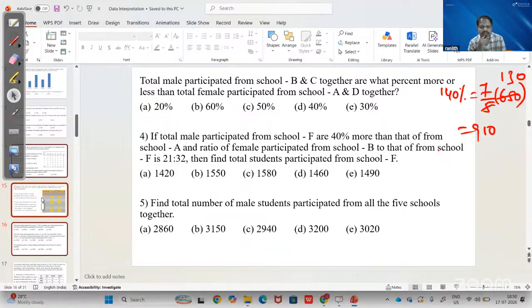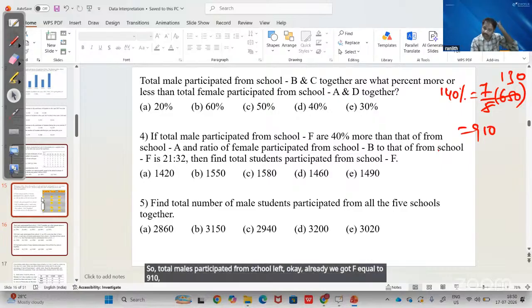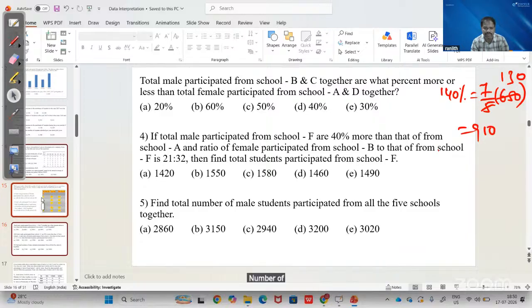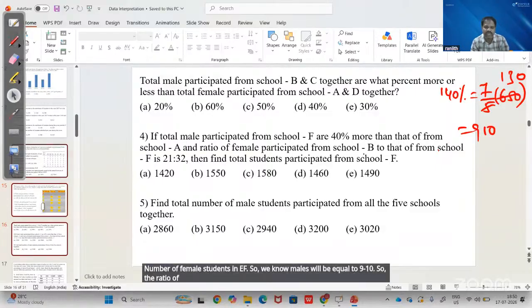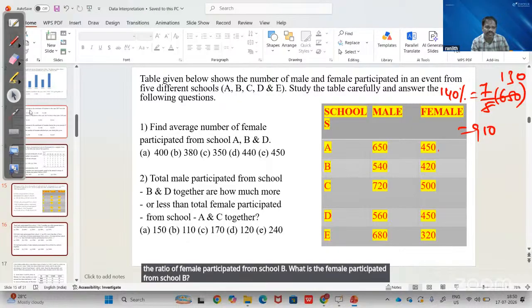Total males from school F, we already got 910, right? Here he is asking only about females. We don't know the number of female students in F, though we know males are 910. What is the number of females from school B? That is 420.